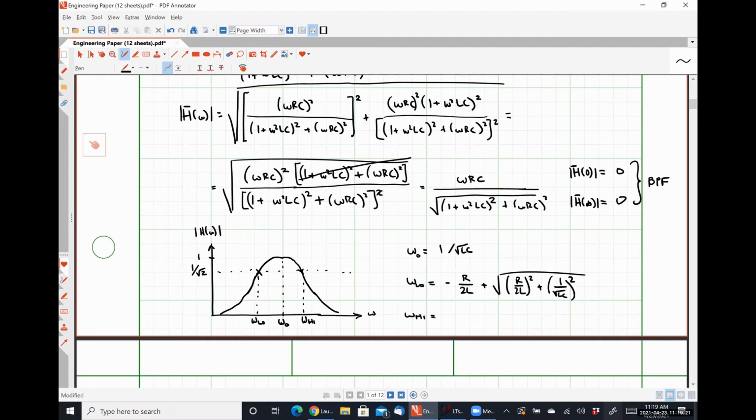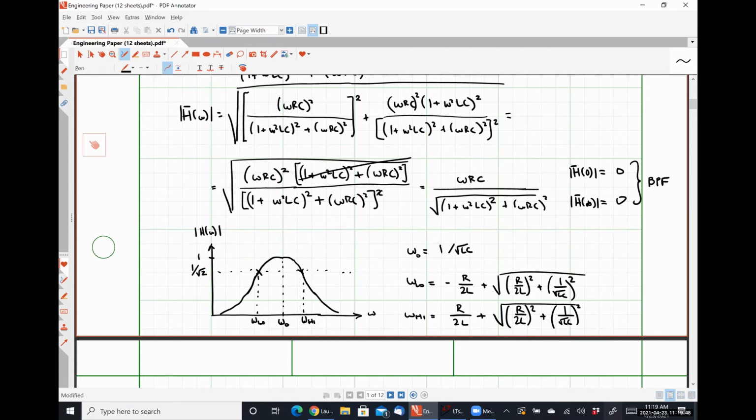For our omega high, it's going to be positive R over 2L plus the square root of (R over 2L) quantity squared plus one over the square root of LC squared. So these are giving us our high value and our low value for our 3 decibel cutoff frequency.